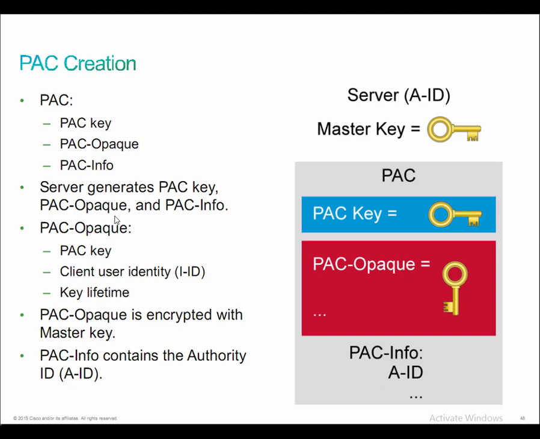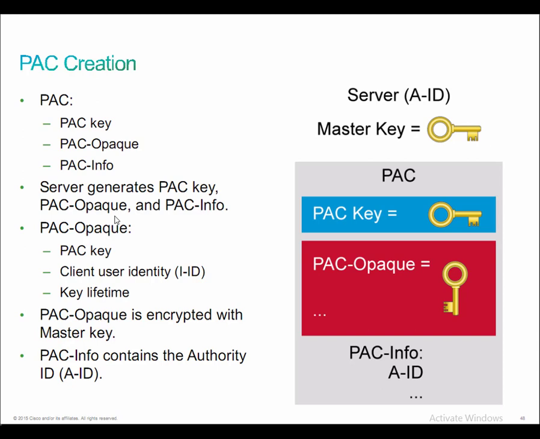A PAC gets associated with a specific client username and a server authority ID, so there is some tie-in to specific variables that are defined by that particular user, but it removes the need for the digital certificates that are required using the public key infrastructure.